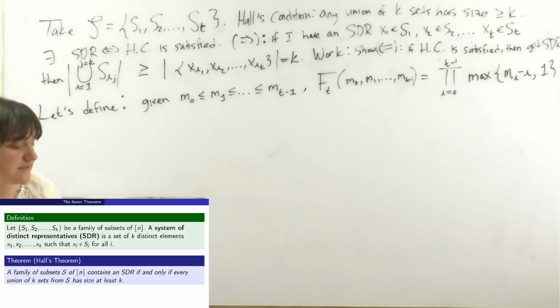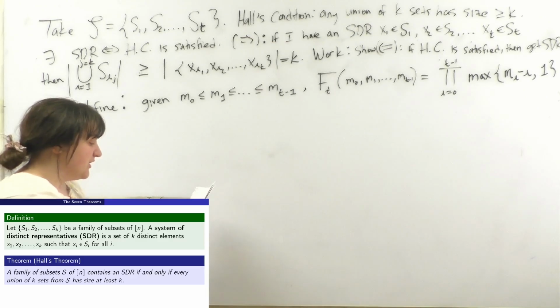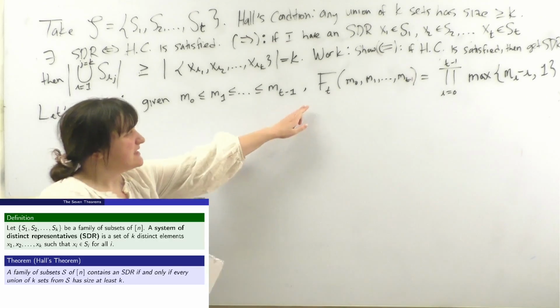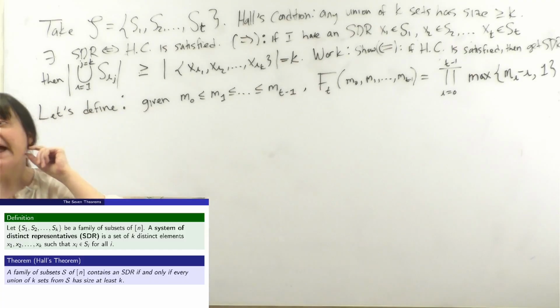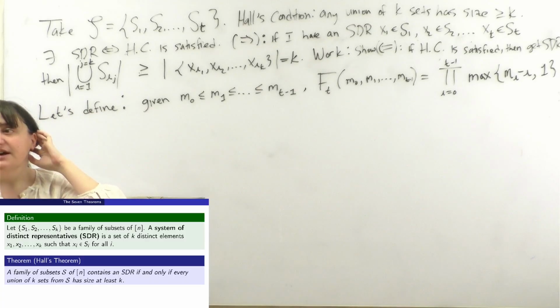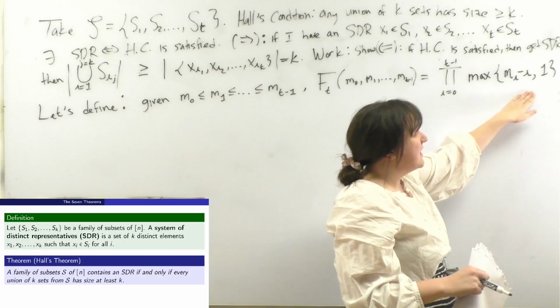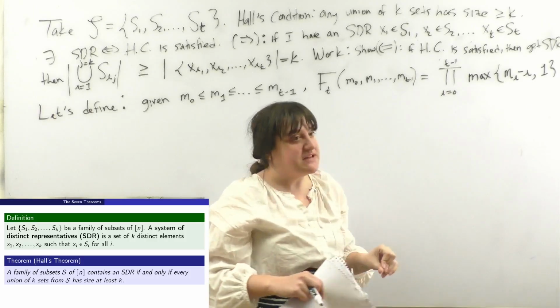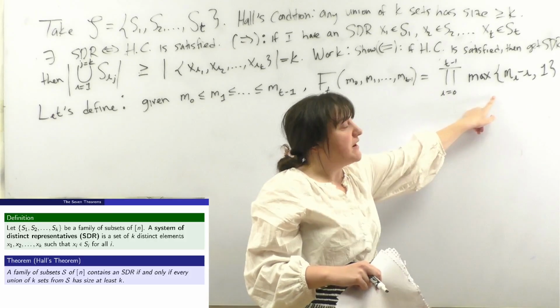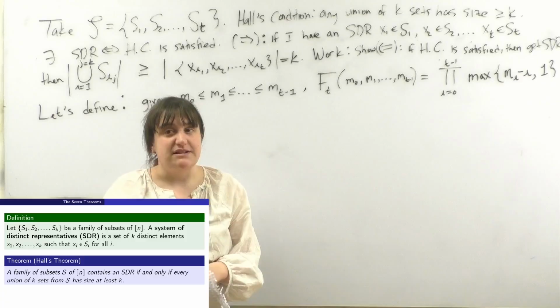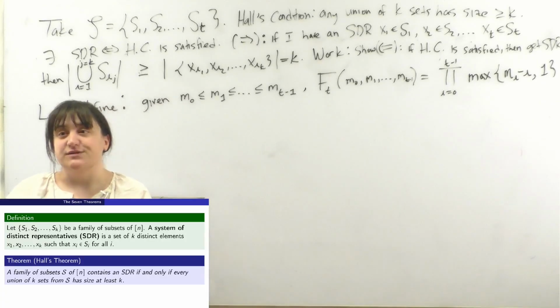Okay, and what we're going to show is that basically I can use this type of function to count the number of SDRs in a family of sets that satisfies Hall's condition. The thing to really note by this definition, it looks a little bit confusing, but what do we know about this product? It's a product of strictly positive numbers.